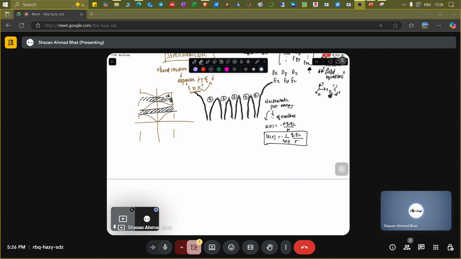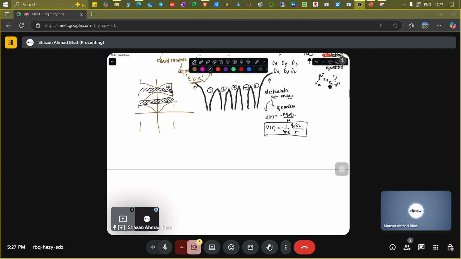That's why the electron doesn't leave the crystal. Okay, so now you approximate this particular scenario as triangular wells. Here you have, for example, a well like this. Then you have wells, the rectangular potential wells.